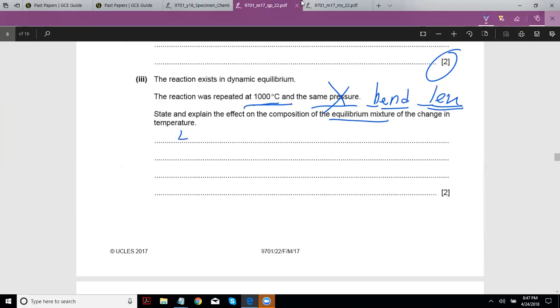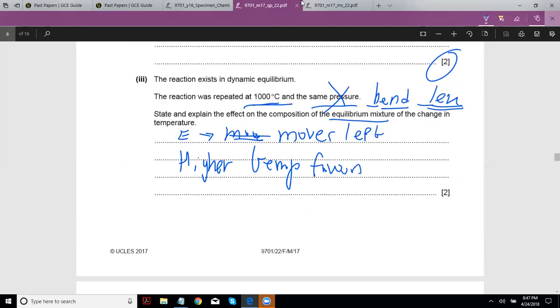So the equilibrium moves, sorry, bad handwriting, to the left, or this favors the backward reaction, whichever way you want to say it. And state and explain this, because higher temperature favors the endothermic reaction, which is backward.